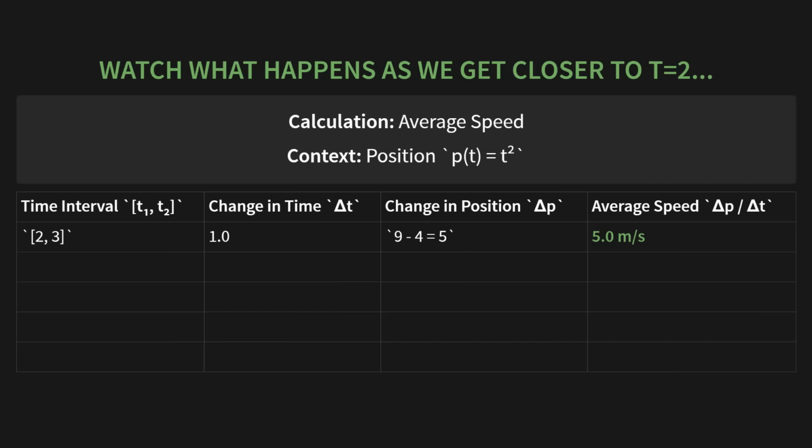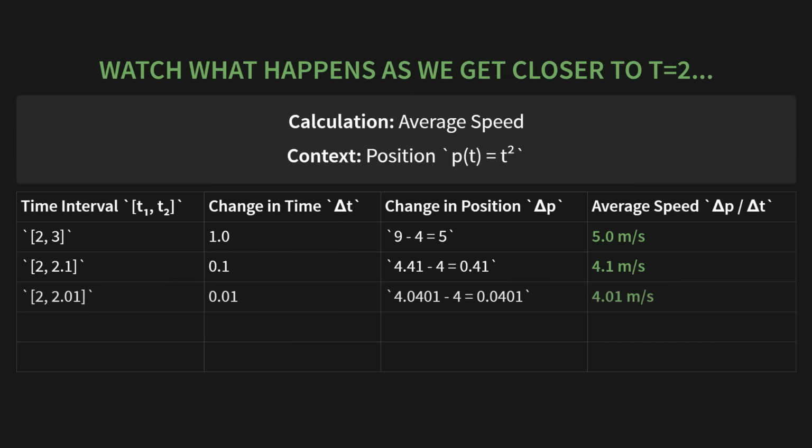Okay, got it. Now let's squeeze. Let's look at the interval from 2 to 2.1. Now the change in time is just 0.1. The change in position is 4.41 minus 4, which is 0.41. So the average speed is 0.41 divided by 0.1, which is 4.1 meters per second.